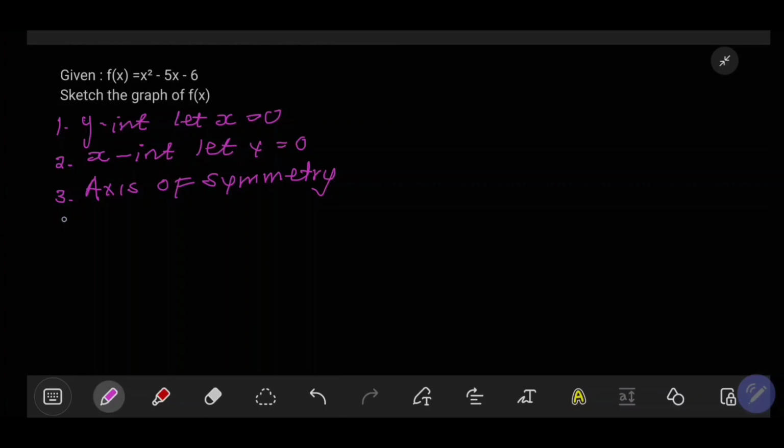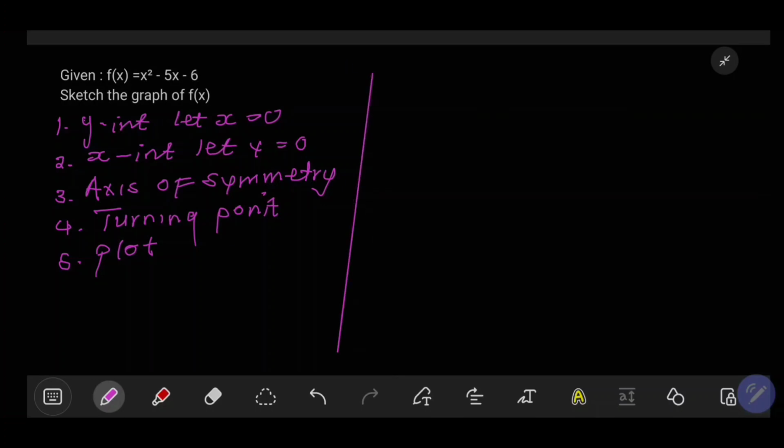Then when you have the axis of symmetry, you can calculate the turning point of this graph. Number 5 is just to plot all your points and then join them with your hand.